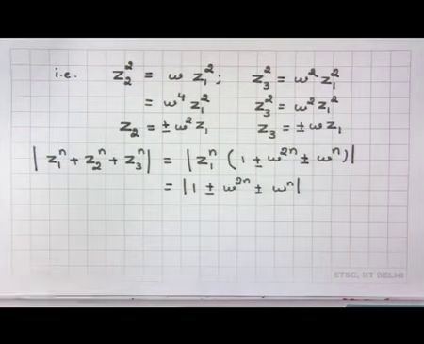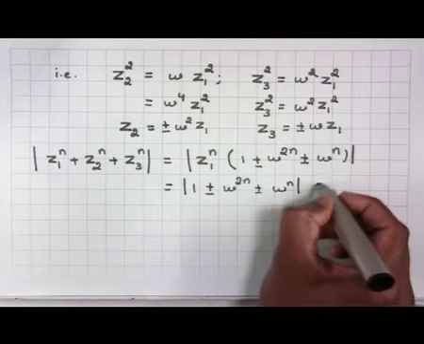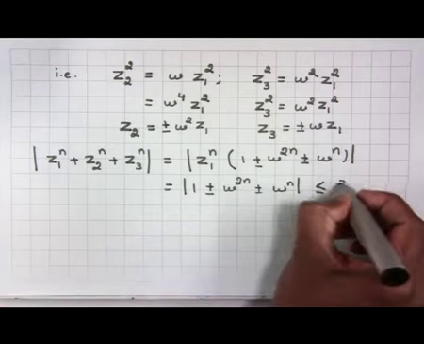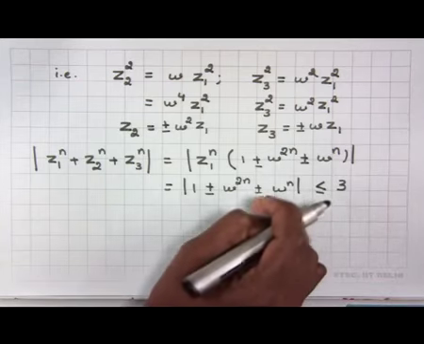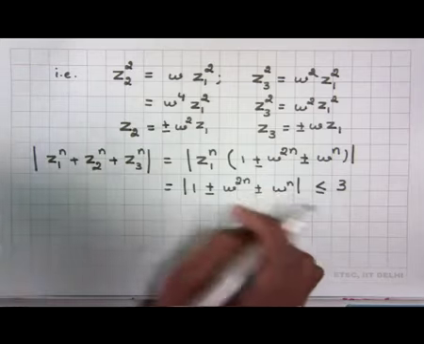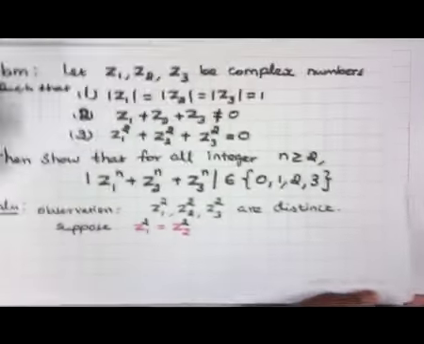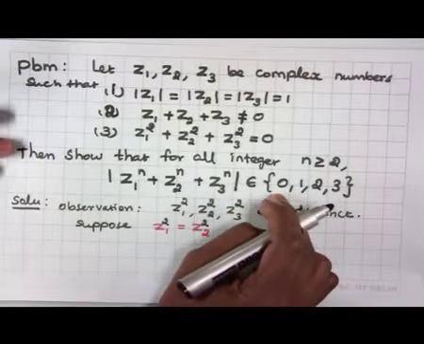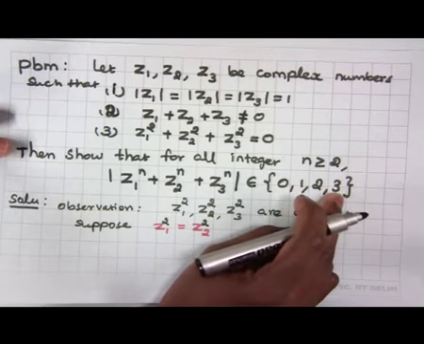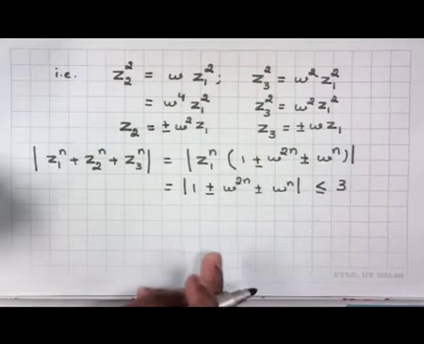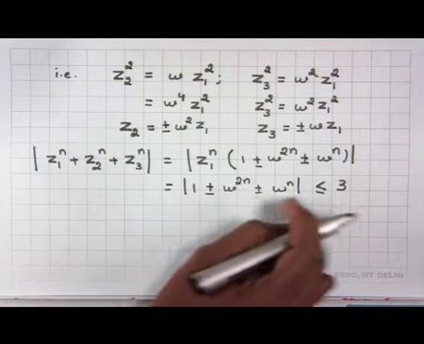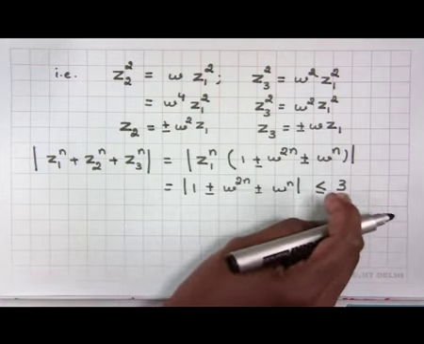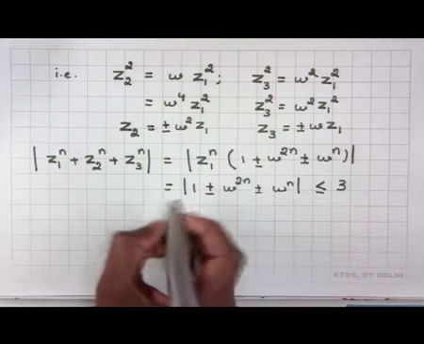Thus, immediately what we can say is this is less than or equal to 3, but our intention is to show that the value is precisely either 0, 1, 2, 3. Which means it will not take any real number other than the integers between 0 and 3.